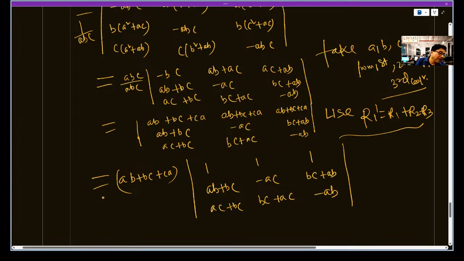Now I am just writing one more operation, apply it and you get the answer. Just use this after this: C2 dash, C3 dash. I'll wait for your calculation. Do finish it by using this property. C2 dash is C2 minus C1, C3 dash is C3 minus C1. Do it, it's coming then.